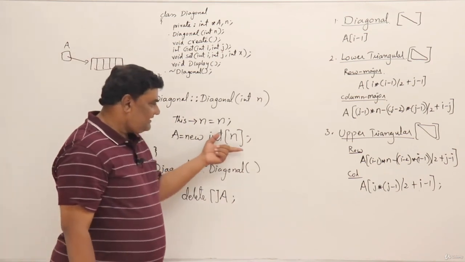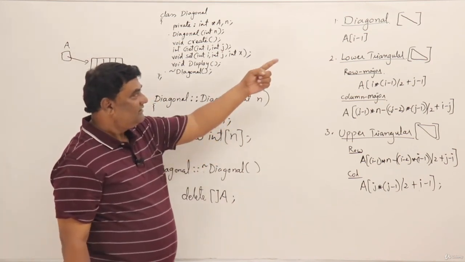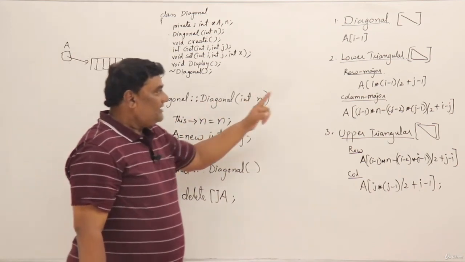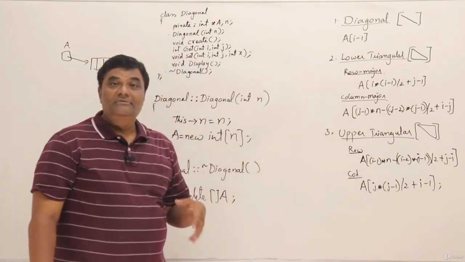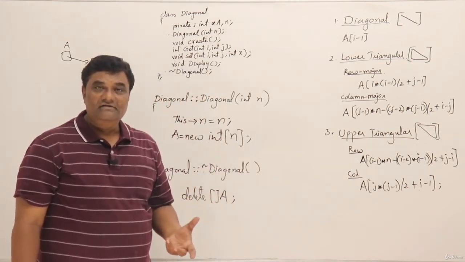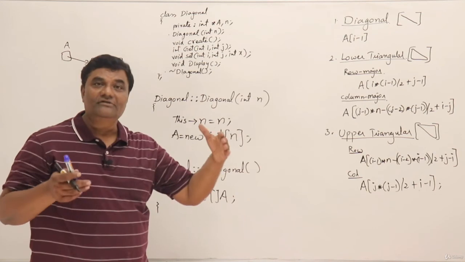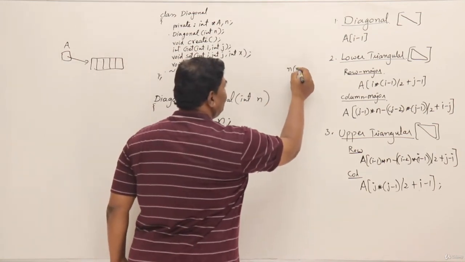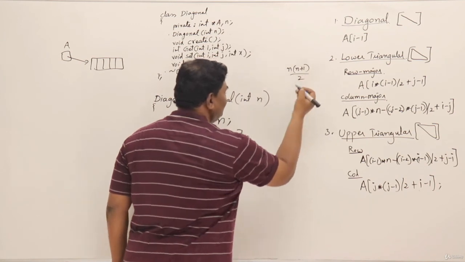See, here we are creating an array for a diagonal matrix that is equal to size n. But in a lower triangular matrix, what will be the size of an array? The size of an array is equal to number of non-zero elements. So the non-zero elements are how many? n into n plus 1 by 2.